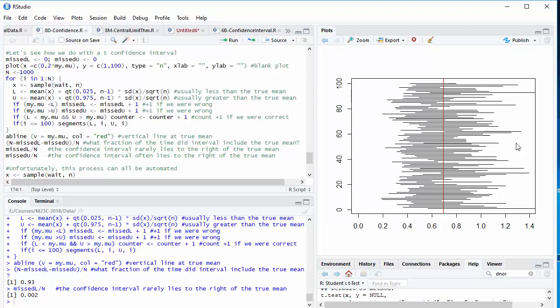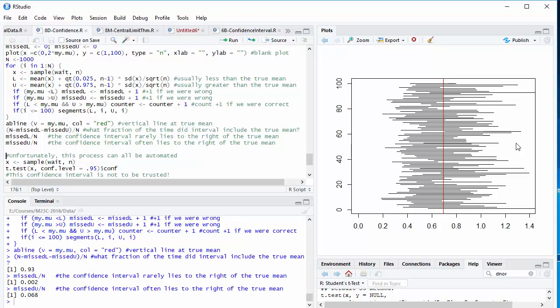That is, we're constructing a confidence interval that almost never lies entirely to the right of the true mean. On the other hand, we miss on the other side almost 7% of the time. That is, as you've seen from the graph, frequently the confidence interval that we calculate lies entirely to the right of the true mean. So this is a lousy confidence interval.